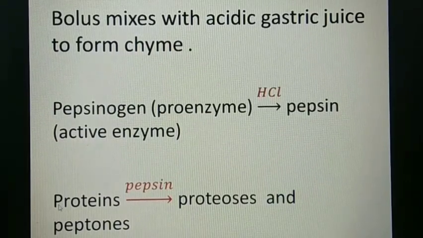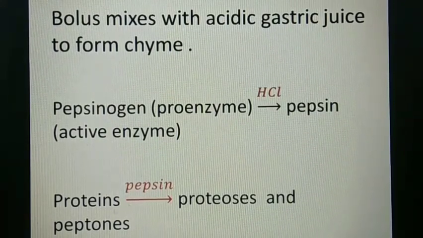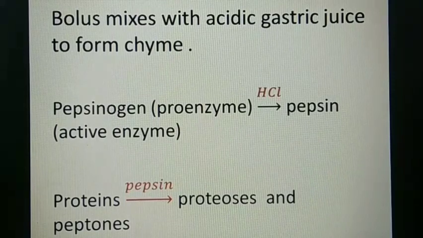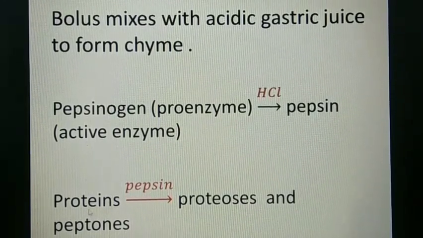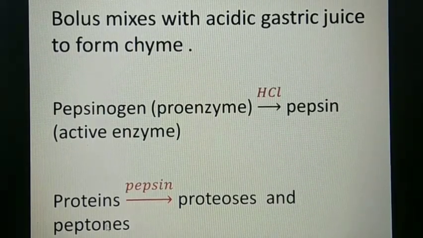You will learn that again in another chapter. So proteins are long polypeptide chains, called polypeptide chains because they are made up of many peptide bonds. So proteins are broken down in the presence of pepsin into proteoses and peptones.